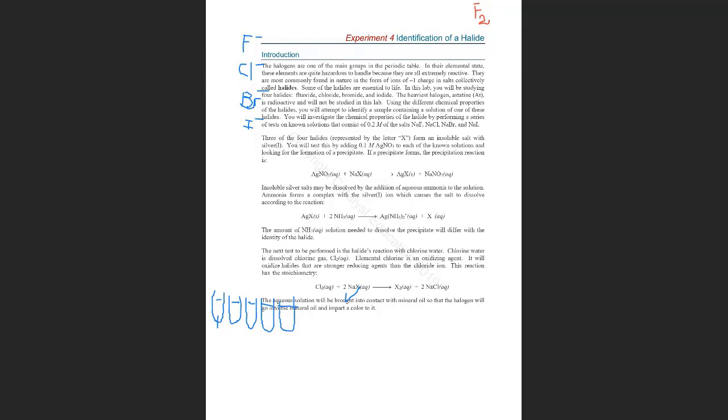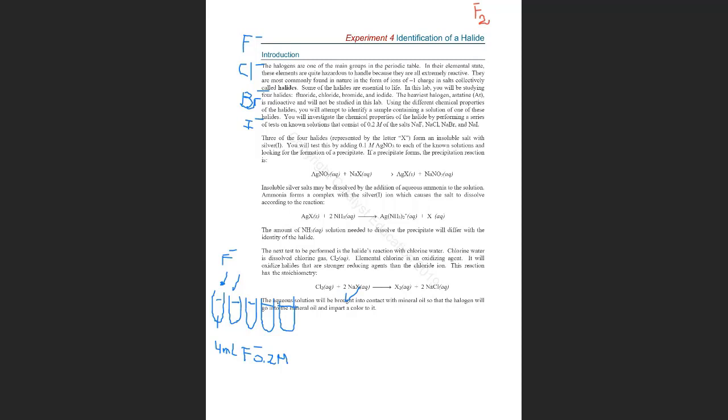So in 1, you're going to add 4 mL of the salt of fluoride. And it's going to be a solution, a clear solution, that is 0.2 molar. So basically, tube number 1 will have fluoride.